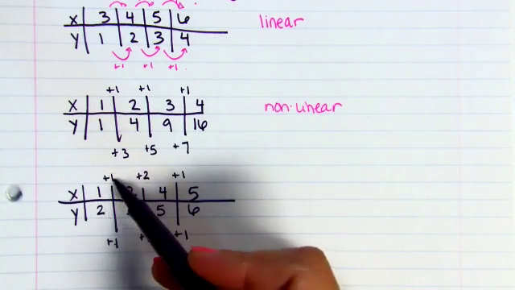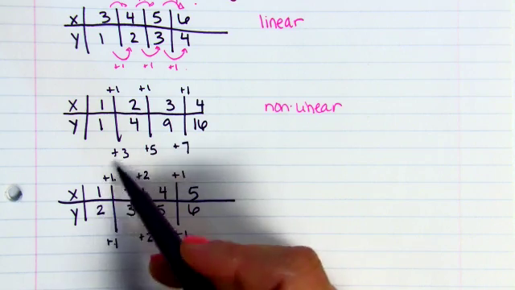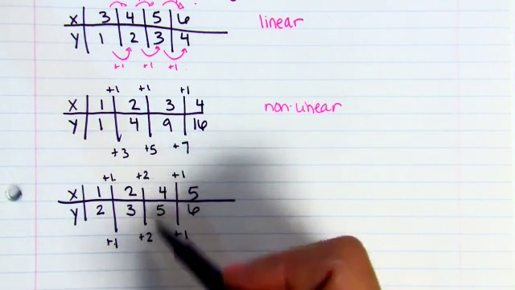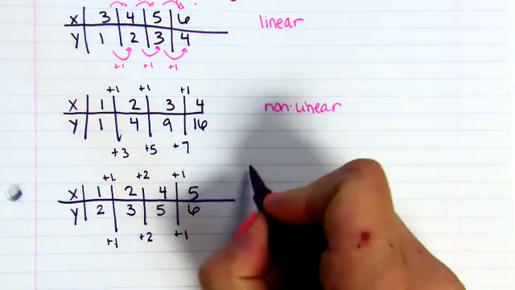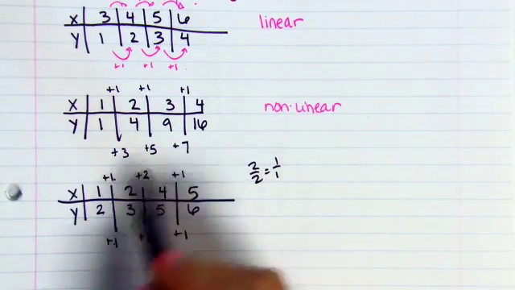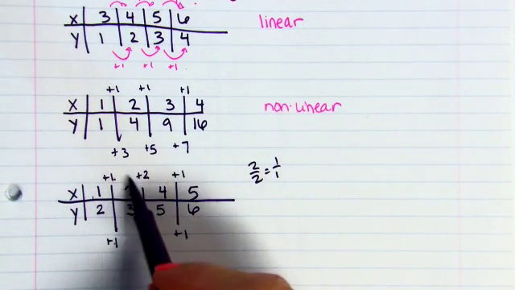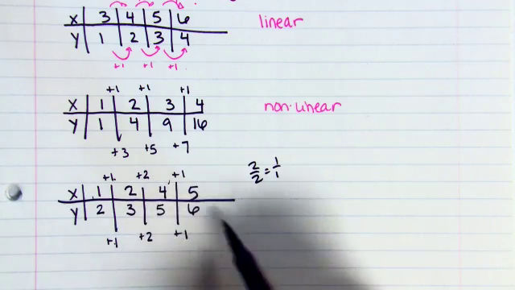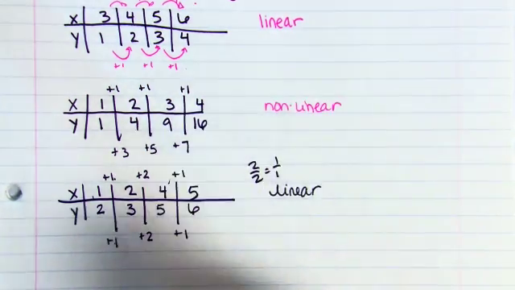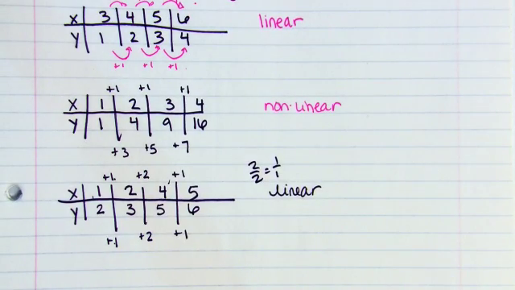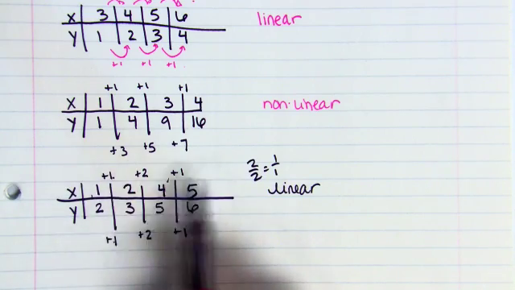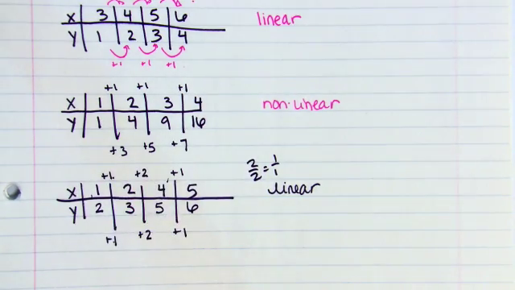I see that I have a 1 over 1, so I'm changing by 1 for both my x and my y, and then 2 over 2. But if we go back to thinking about that as slope, 2 over 2 simplifies to 1 over 1. So this is still a constant rate of change. As my x's increase by 1, my y's are going to be increasing by 1 as well. So this would actually be linear also. You just want to be careful that you're paying attention to things like that, where your x values might change a little bit differently than what you expect.